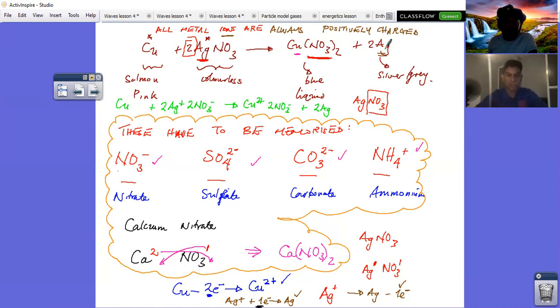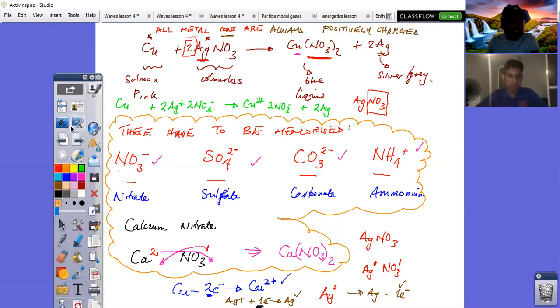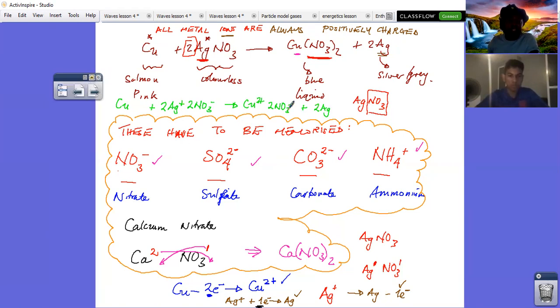Then to write the overall ionic equation, anything that is the same on the left-hand side as the right-hand side, I cross it out. So what can you see that's the same? Well, 2NO3 and that 2NO3.